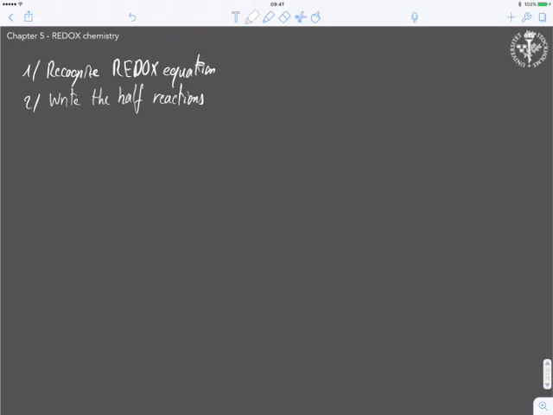Again, what is oxidized, what is reduced. In our case, for photosynthesis, CO2 will be reduced into organic carbon, and the second half reaction will be the oxidation of water into oxygen, O2. Then, for each half reaction, you will balance the main element.